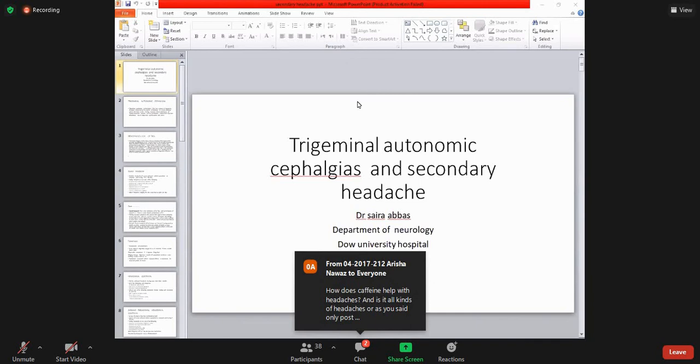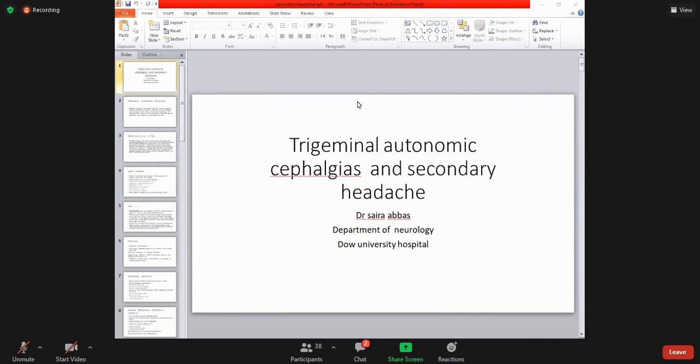No, no, no. I'm saying that caffeinated compounds would help in headaches, not all types of headaches. It's just for the post-lumbar puncture headache. The exact pathophysiology is not known, but it is said that if you put the patient on analgesics in combination with caffeinated compounds, or ask the patient to take caffeine, it has a central role and it improves the headache.